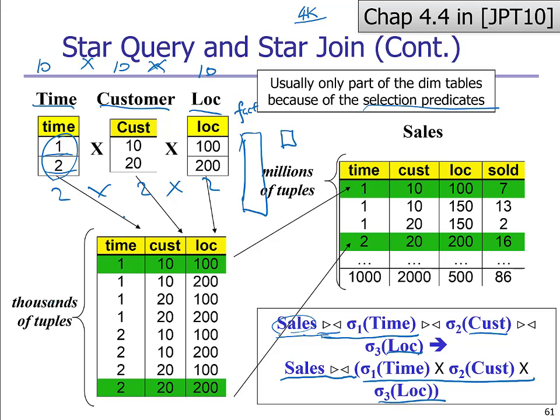So the join is like this: we load the small table into the memory, so it's one I/O, and then we need to do the join.